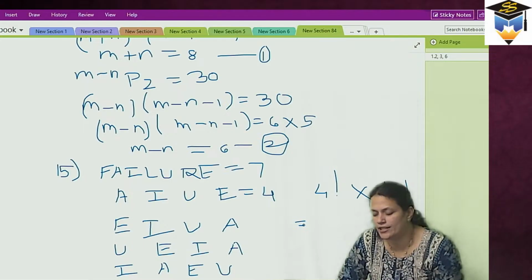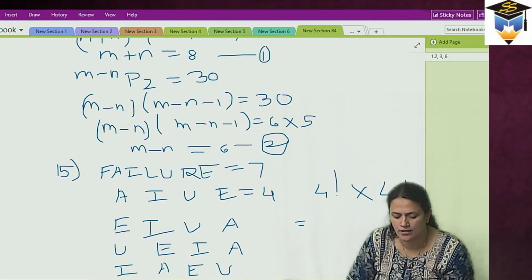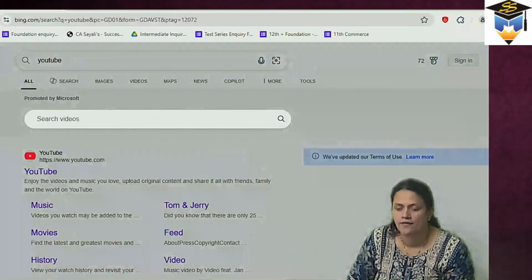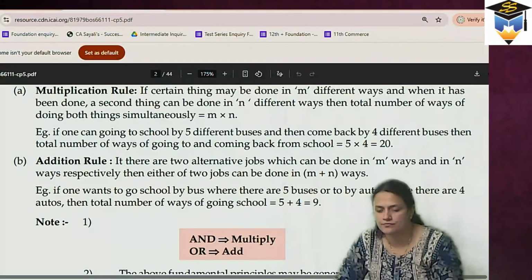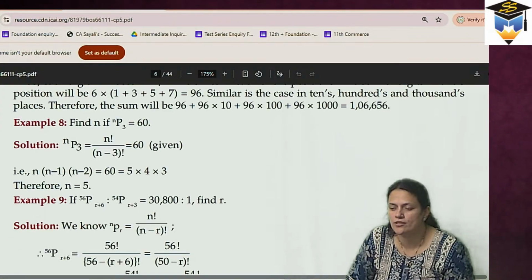So now apply the same logic in question number 16.